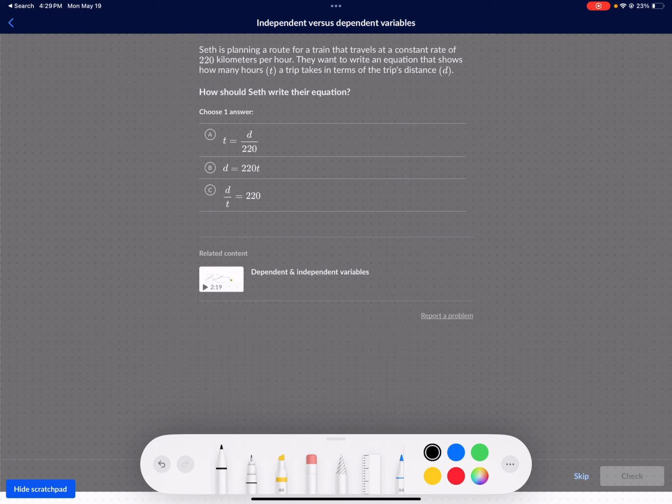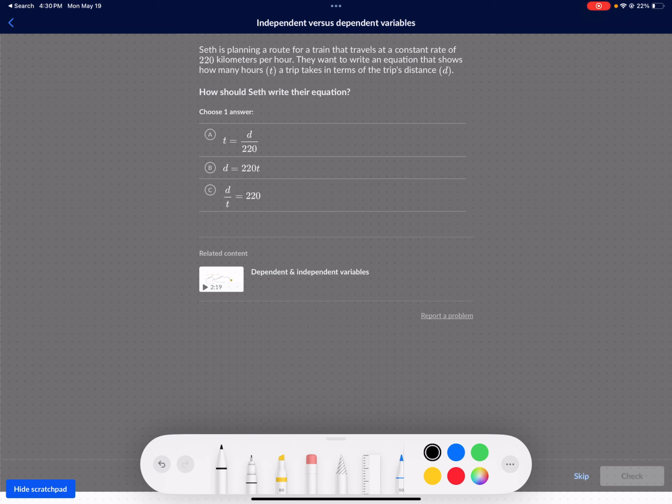So we want to find a side of the equation, either the left or the right, that does not have any variables when we plug in any number for the independent variable. We know the independent variable is D, so we want to find where D stands alone. Let me put it another way. We want to find a side where it'll be a value immediately, where we can plug it in using mental math. So if D is here and it's divisible by 220, then if we plug in 220 for D, then 220 divided by 220 is equal to 1, right?